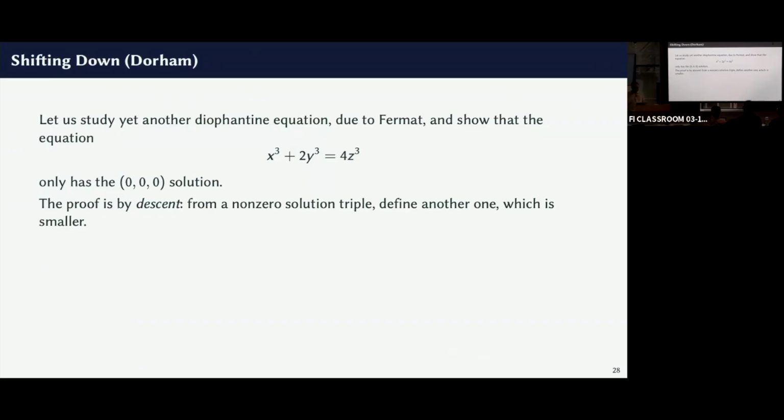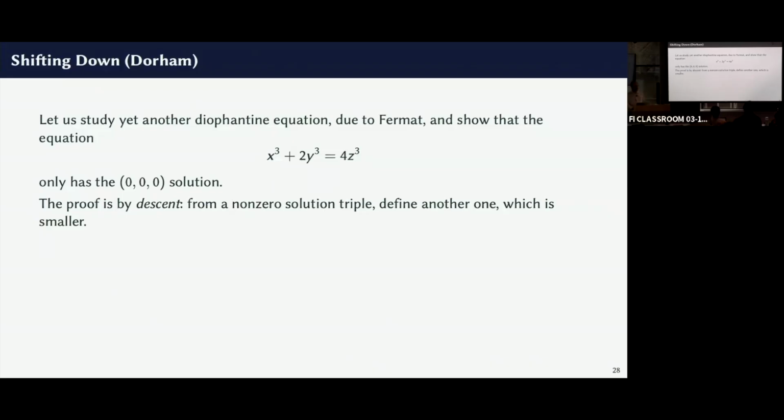So the first one is a nice cubic equation due to Fermat, a very easy one compared to Fermat's last theorem. You take x cubed plus 2y cubed equals 4z cubed, and according to Fermat, it only has 0, 0, 0 as a solution.